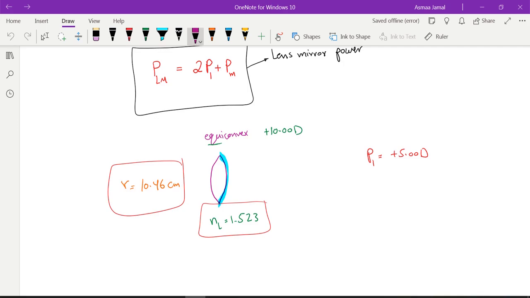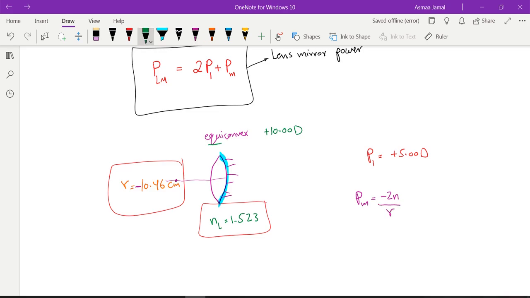Since it's a convex lens and it's coated from this area, that means we will depend on the radius of curvature from the left side. And since it's to the left side, we need to put the negative sign. So the power of the mirror equals minus 2 multiplied by refractive index divided by R.